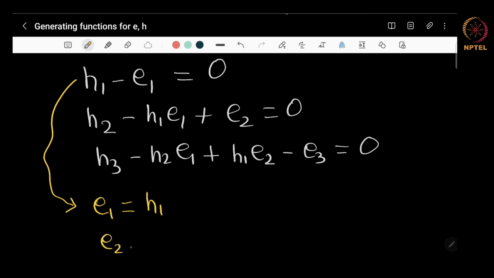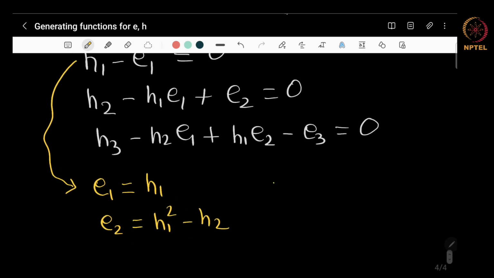So in other words, e2 is h1 squared minus h2. Similarly, e3, if I write this out, becomes h1 cubed minus 2 h1 h2 plus h3. This is just by recursively substituting into the next equation, and so on.